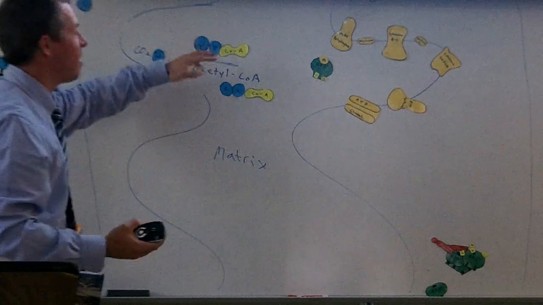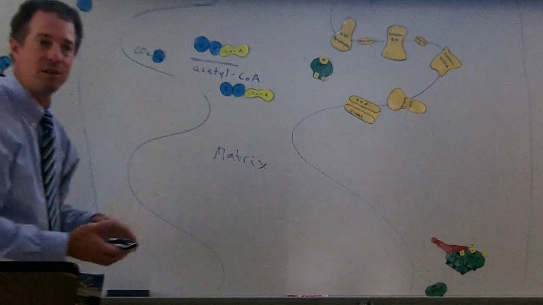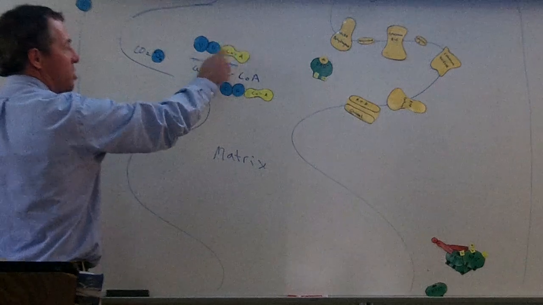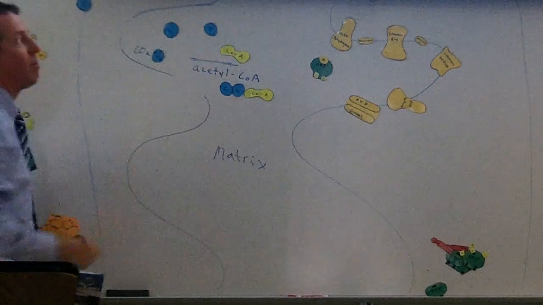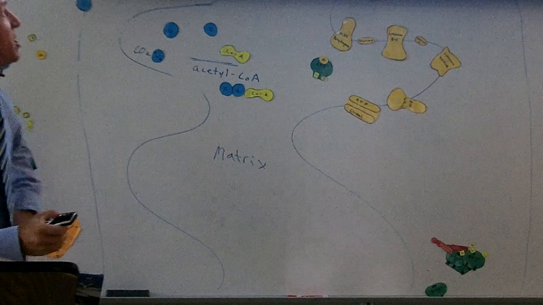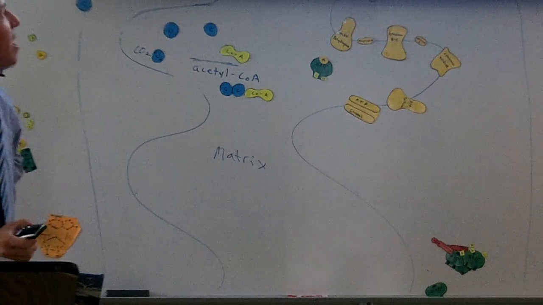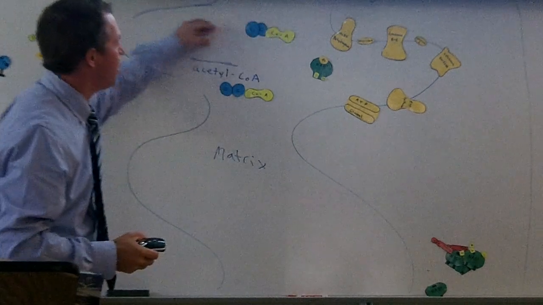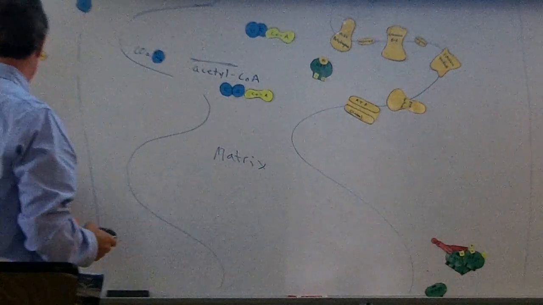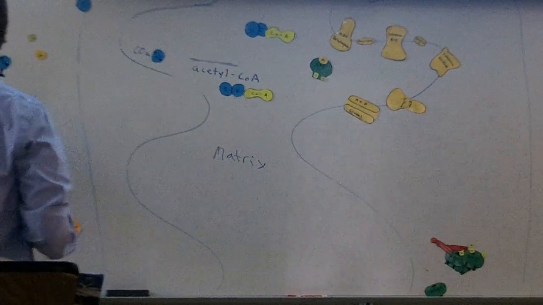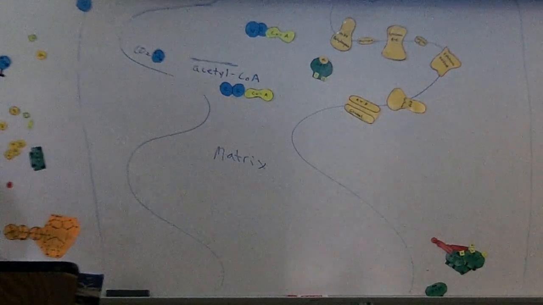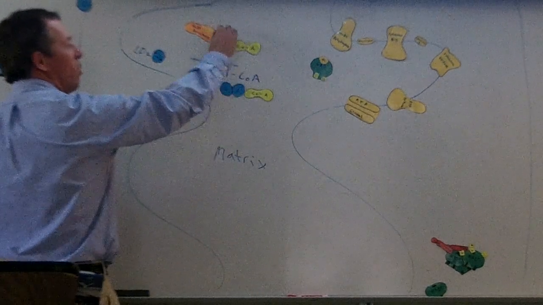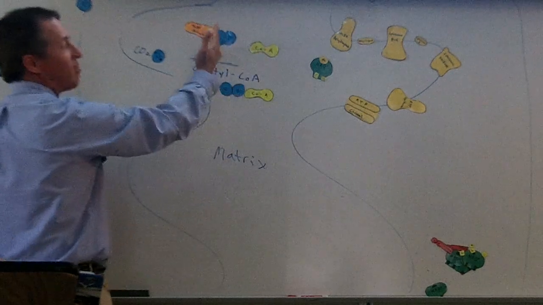So we're at the very end of the breaking down of the glucose. The acetyl-CoA is completely torn apart in the citric acid cycle. The reason they call it the citric acid cycle is that the CoA will hook on to another molecule, and we form a new molecule called citric acid.